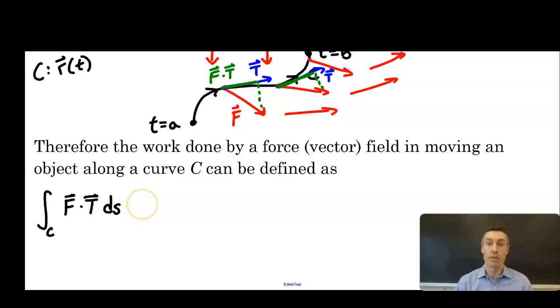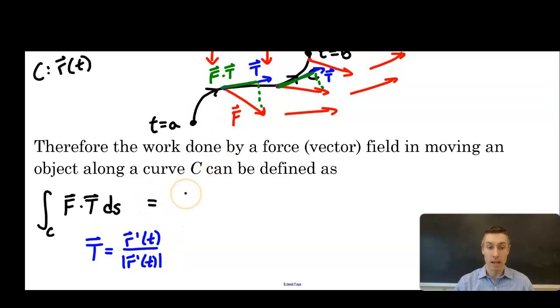Now, as we saw in the previous video, it's easier for us to evaluate a line integral in terms of t than it is in terms of s, or with respect to arc length. So we can make some substitutions here. So T, the unit tangent vector, is r prime of t over the magnitude of r prime of t.